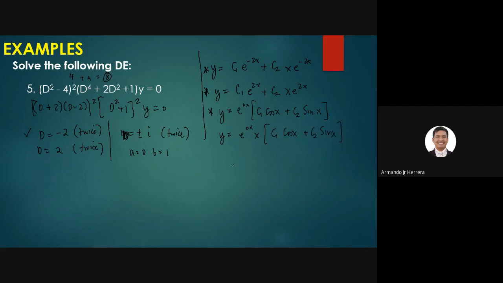So, ilang c1 at c2 meron? 4. Sa una, meron tayong 1, 2, 3, 4, 5, 6, 7, 8. So, lalagyan na lang natin ng subscript. So, pag-add-addin lang natin itong lahat na yan.